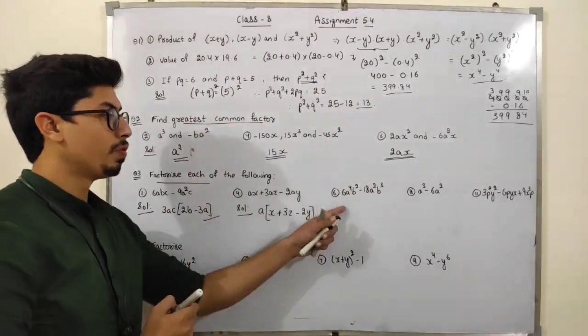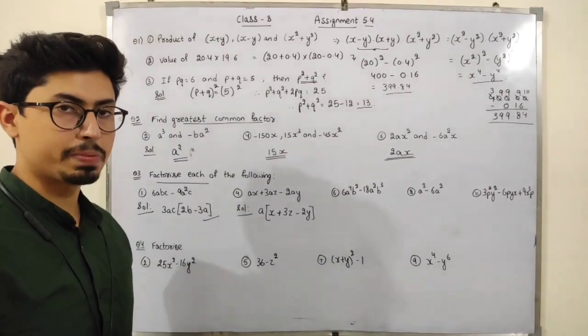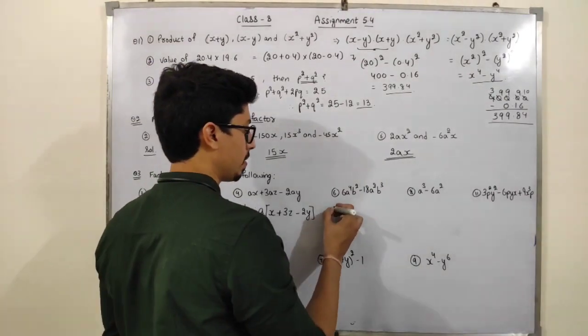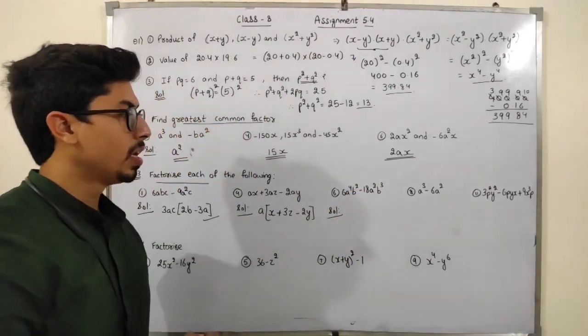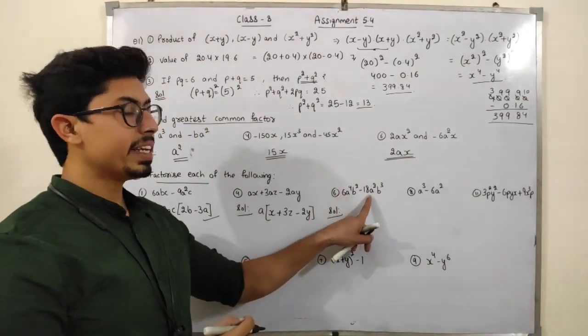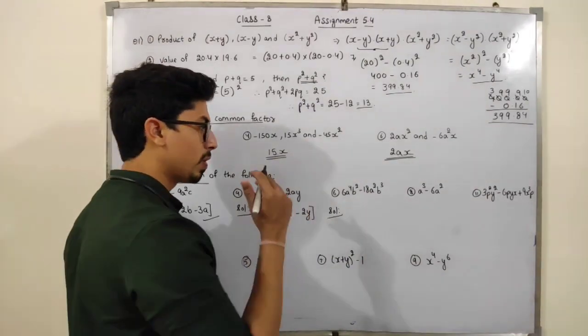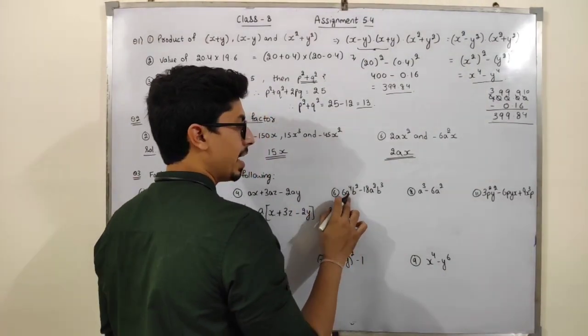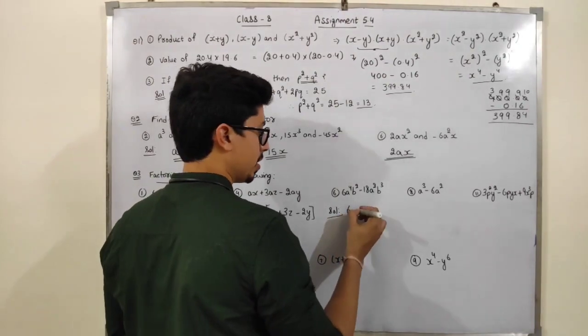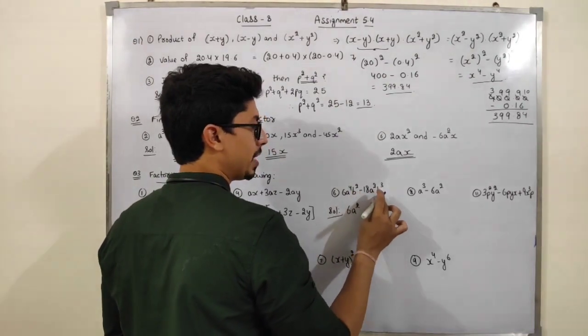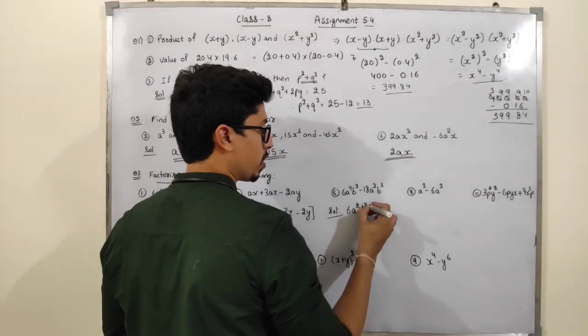Okay. Now moving forward to the next part, that is part number 6, students. See, out of these two, 6, 18 can be written as 6 into 3, so 6 will come out, students. A raised to power 4, a square. So a square I can take common. Similarly, b square and b cube. So I will take b square common.